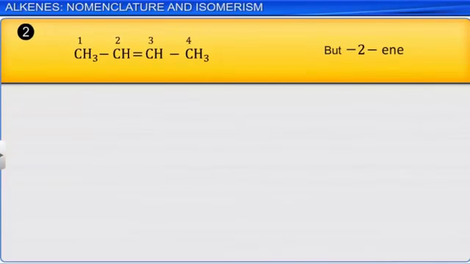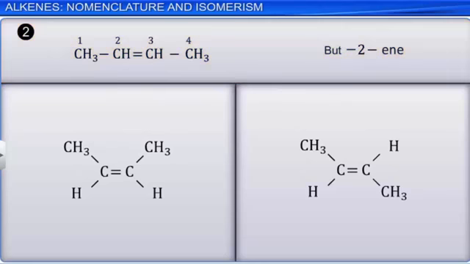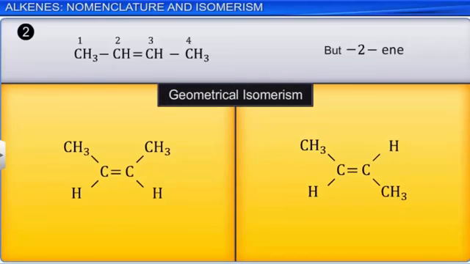A compound like but-2-ene shows two distinct configurations or spatial arrangements, and hence its molecules are said to show geometrical isomerism, a type of stereoisomerism. When the two CH3 groups attached to each carbon atom of the double bond are on the same side, the isomer is called a cis isomer.